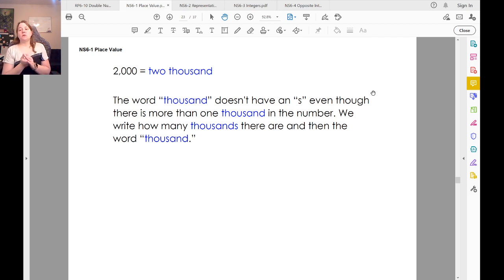So we can see that the word thousand doesn't have an S. If we say 2,000, we just say 2,000, 4,000, 9,000. None of those actually have an S on the end. That's going to come up more when we talk about decimals because there's a thing called the thousandths place. But right now we're just talking about thousands.